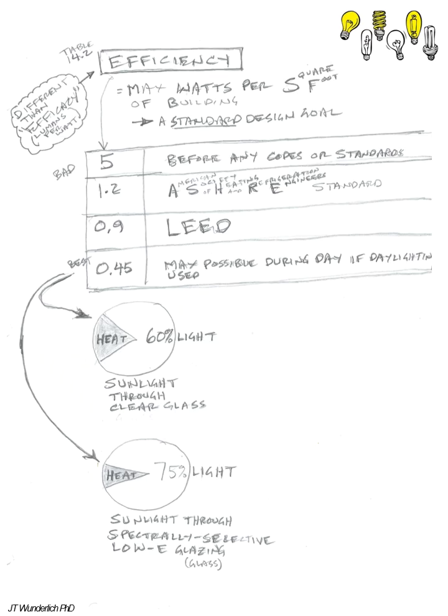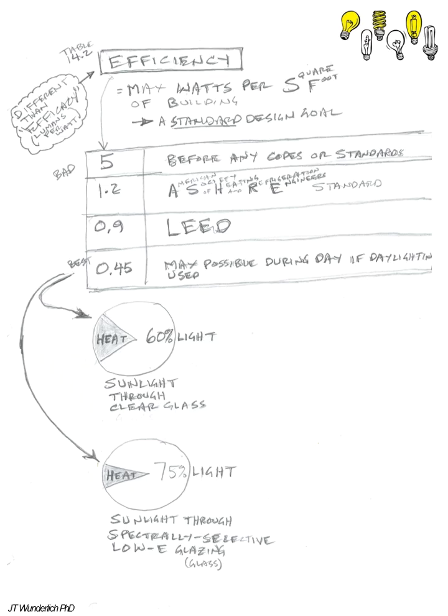So we want to talk about two things here, efficiency and efficacy. First we're going to speak of just efficiency, which is somewhat intuitive, and that's the energy per square foot of the building that you're using. And so these are standards here, and before you do anything at all of any quality, you're going to have 5 watts per square foot to get lighting.